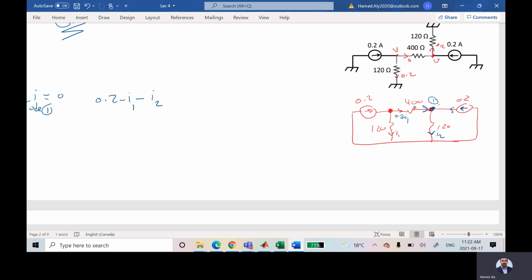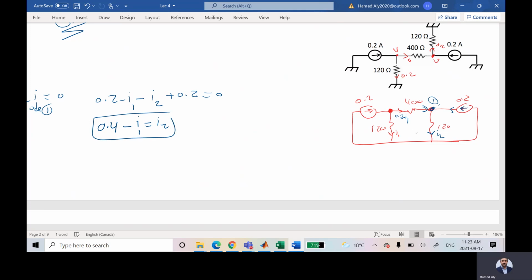So this plus this minus this, so plus 0.2 is equal to 0. Am I right? Now I will have 0.4 minus I1 equals I2. Excellent.